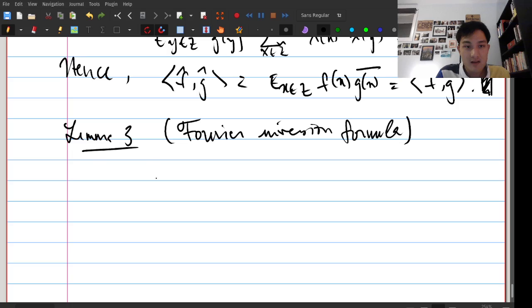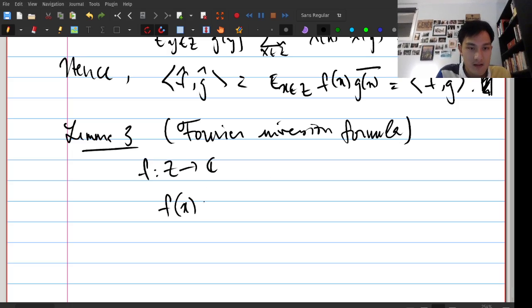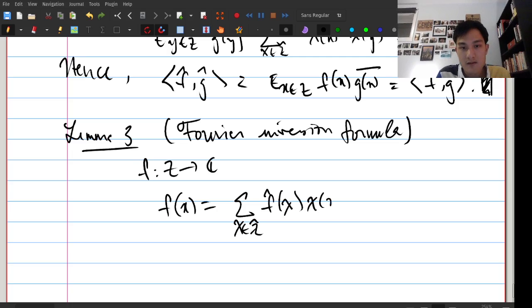So f goes from Z to the complex numbers, and f hat is its Fourier transform. We have f of x is equal to the sum over all chi in Z hat of f hat of chi times chi of x.